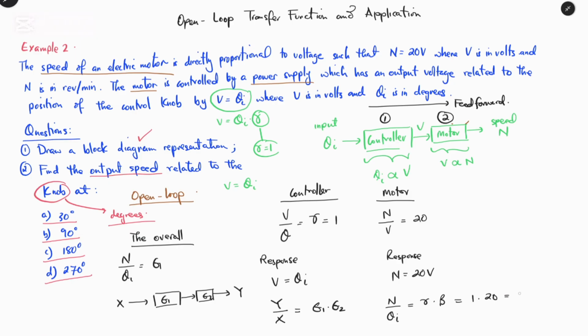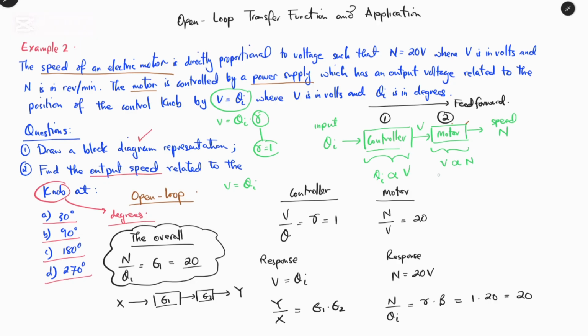So our overall gain is now 20. So G is nothing but 20, which is the overall gain of this system. So to find the respective degree of the knob which corresponds to the speed, we will now use the overall gain of this system.